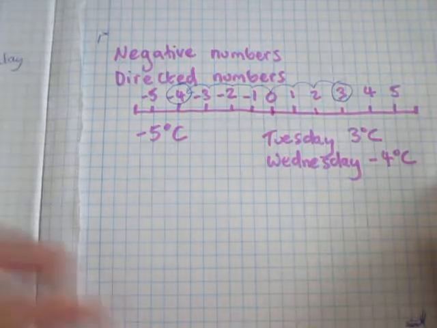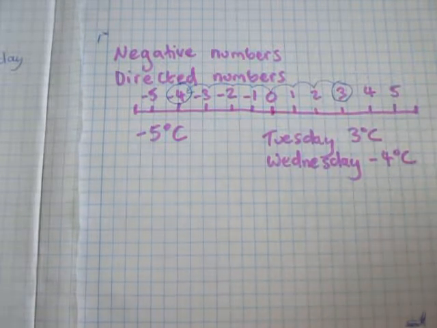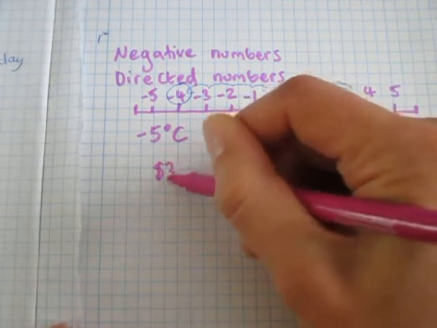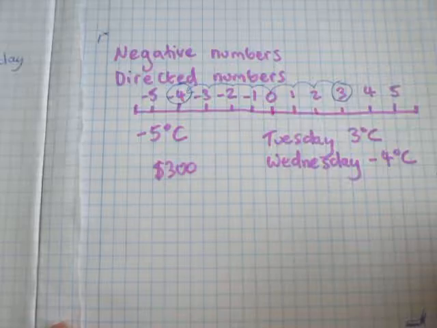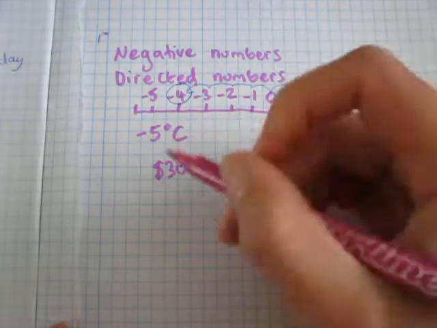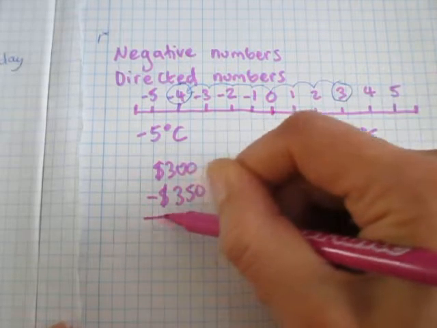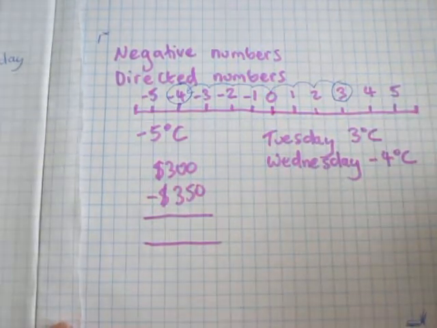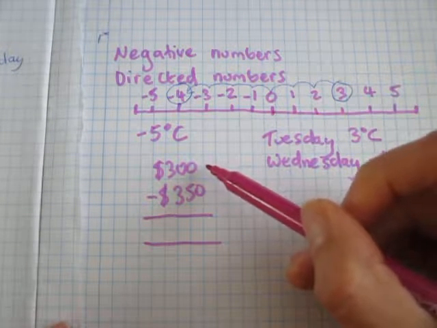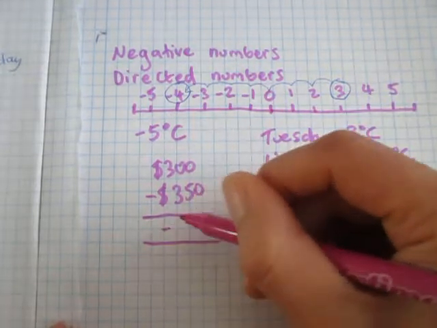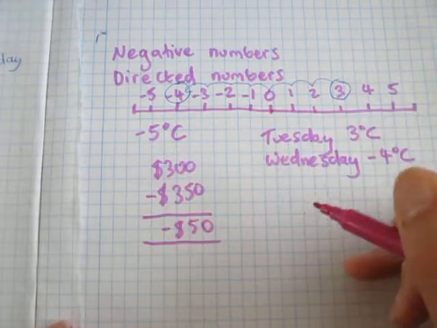Directed numbers could also be useful in a bank account, for example. Let's say you have $300 in your bank account, but you spend $350. What do you have left? Well, 300 minus 350 leaves you with -$50.